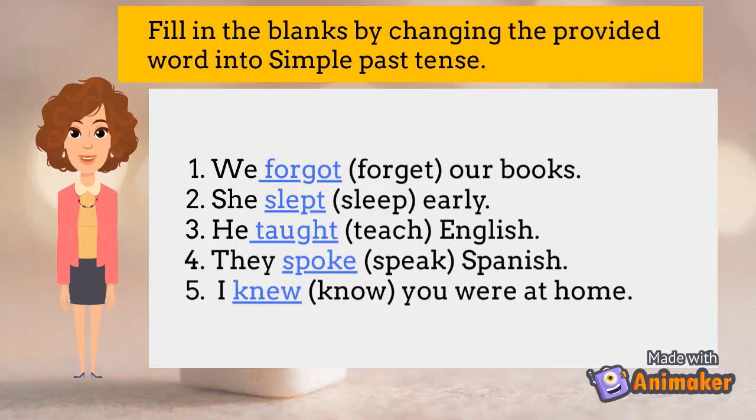Okay, so the past tense form for teach is taught. Number 4, they spoke Spanish. Yes, the past tense form for speak is spoke. You knew him at home. The past tense for know is knew. K-N-E-W. Knew. Good.